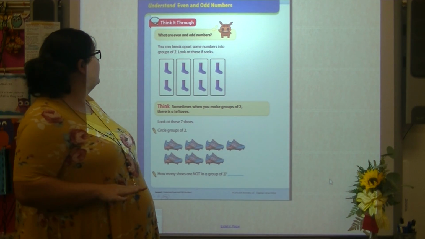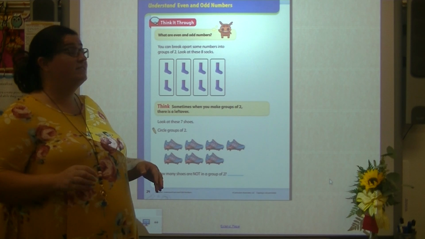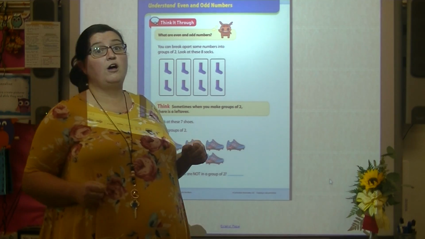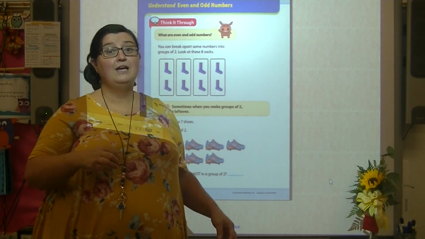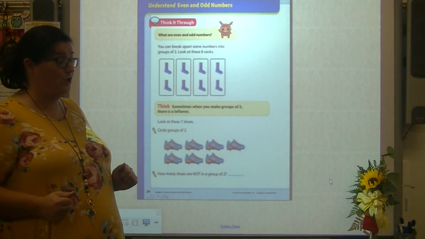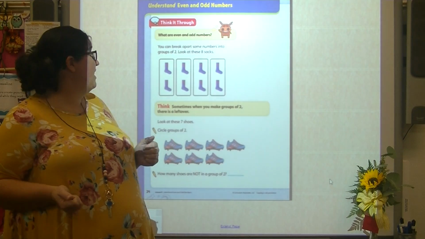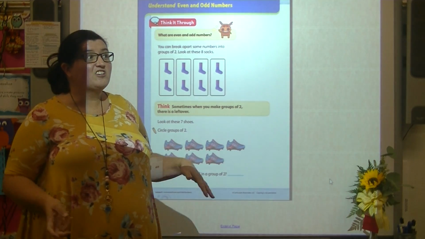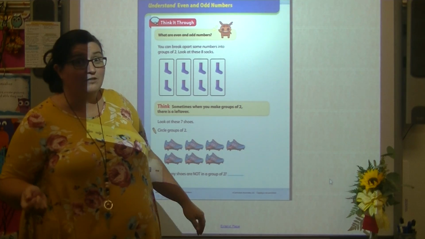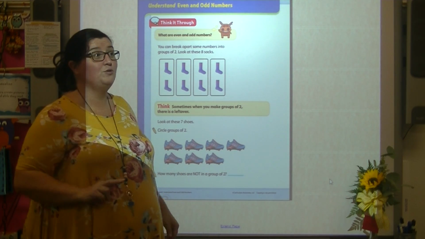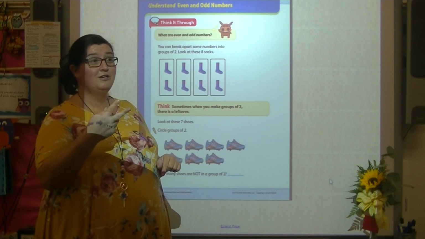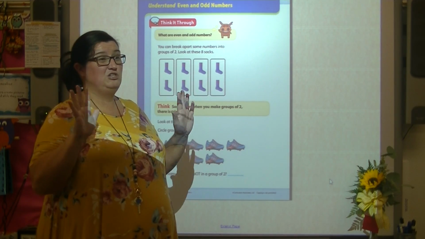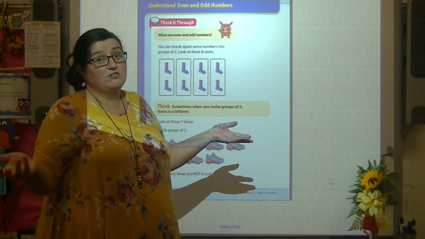Even numbers are numbers that can easily be broken into groups of 2. Think about in the picture, they have socks. Your socks come in groups of what, boys and girls? 2. You have a partner. Just like you have 2 eyes, 2 ears, 2 hands, and of course your feet, there's 2.